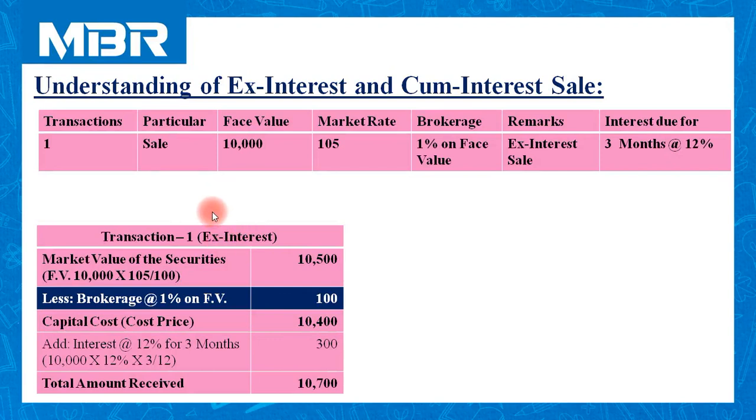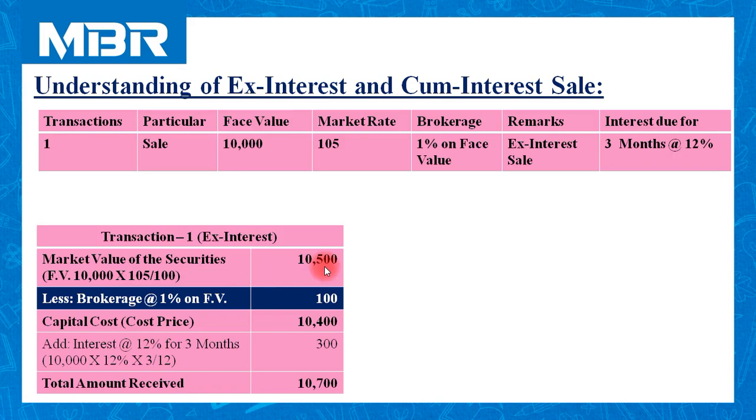Information is given over here for X interest sale. Face value of the security is 10,000. Market rate is 105 for every 100 rupees. So market value of the security is 10,500. It is a transaction of sale.